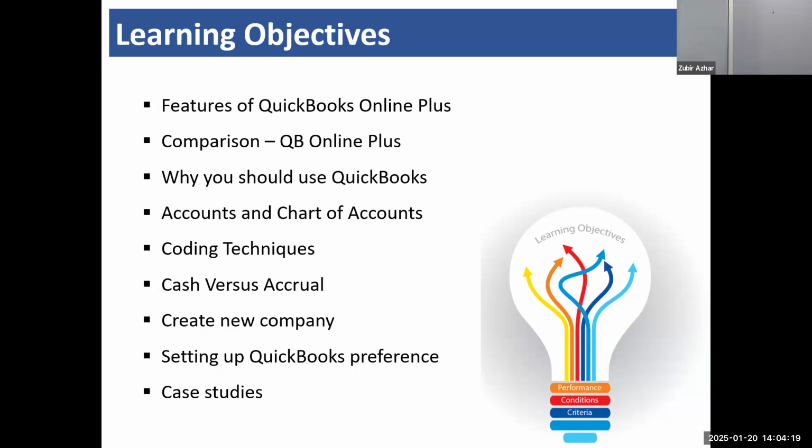The company will collect the VAT, and the company will need to pay the government the amount of VAT. Am I right? So we need to record all the VAT in the system too. But it's very, very easy. We just need to do setup, and then after setup, we can just use it. And we're going to start using a case study in order to be able to create a new company and so on.